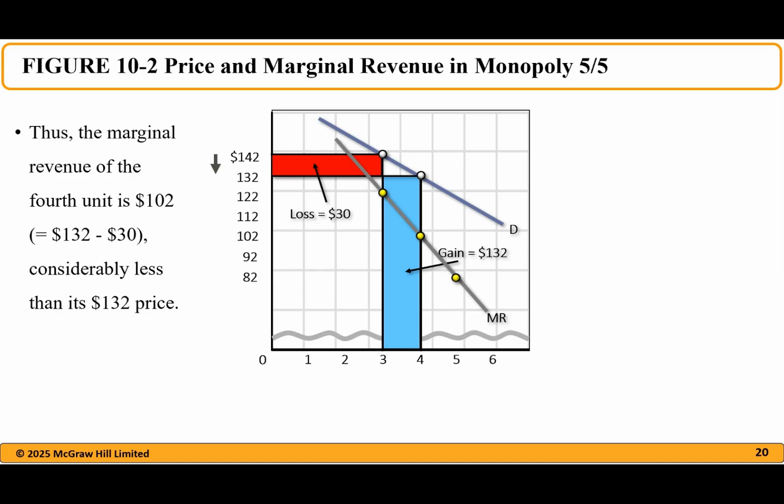Now what we can see is the marginal revenue. 132 was the price for the fourth unit of output, but there is an associated loss of 30. Therefore, the marginal revenue of the fourth unit of output is 102, which is considerably less than its price. We can also locate other points of marginal revenue by extending the output from the 4th unit to the 5th unit, from the 5th unit to the 6th unit, and so on.